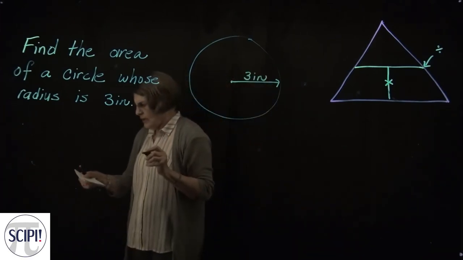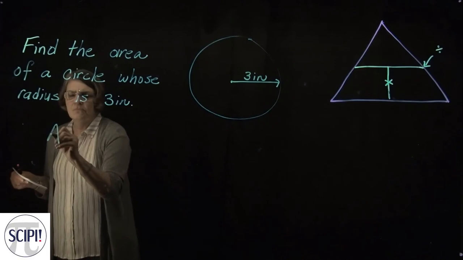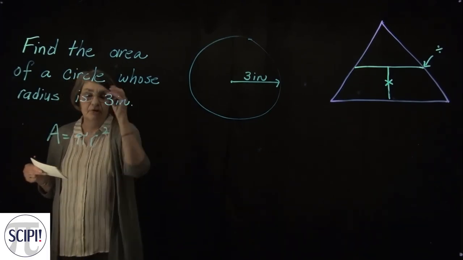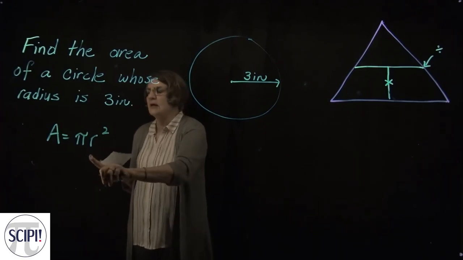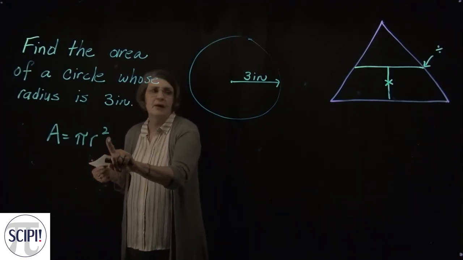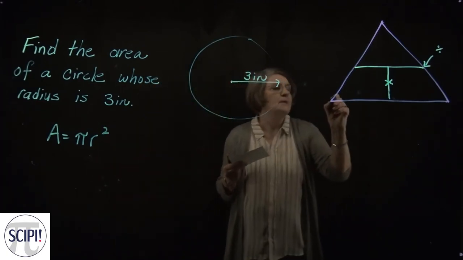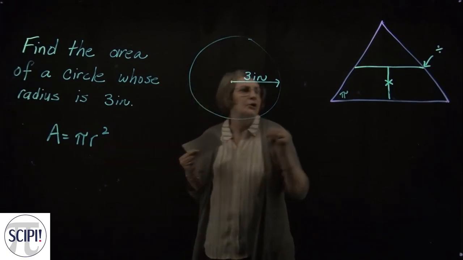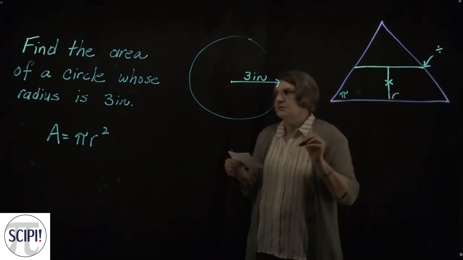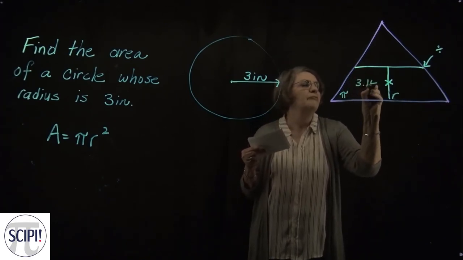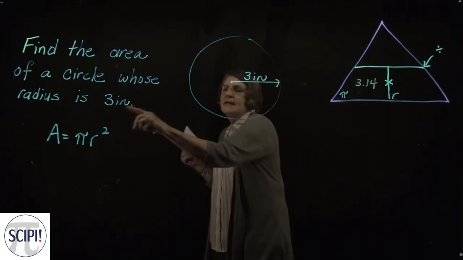So before we learned the one for circumference, here is our formula for area. Area is pi r squared. So we know that pi, because these are being multiplied, are going to go down here. So we know that pi is 3.14, and we know the radius is 3.